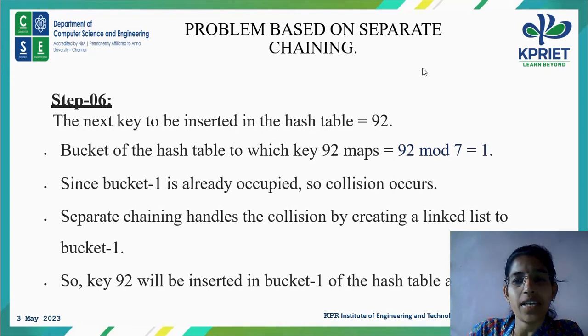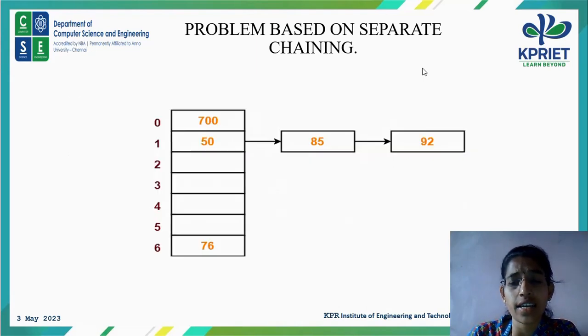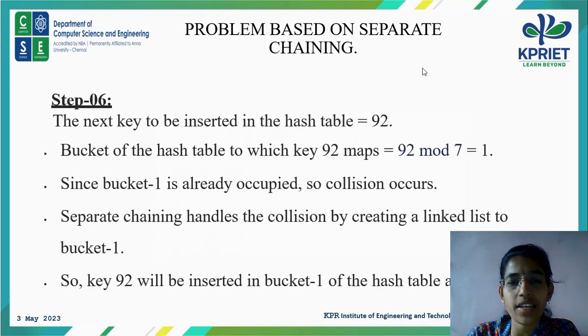Then my next element is 92. 92 mod by 7, the output is 1. So 1 is the hash value. See the diagram. The 1 is already occupied by 50, followed by 85. So again 92 also has the same hash value 1. So what happened? A collision occurs. So I create a new node for 92 and join it with the last node in the linked list.